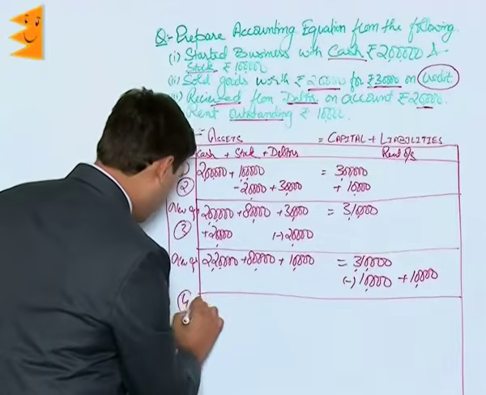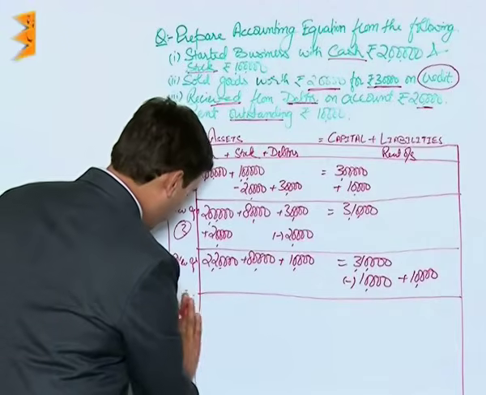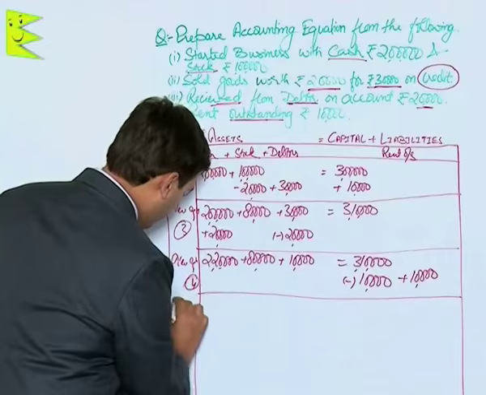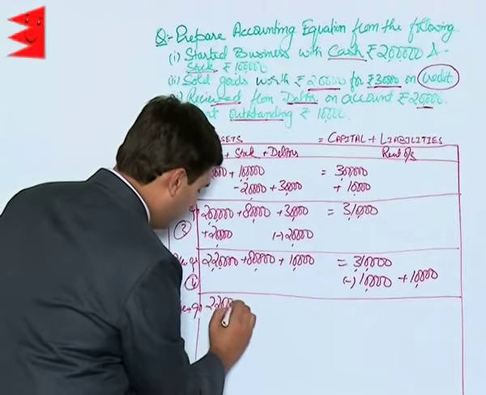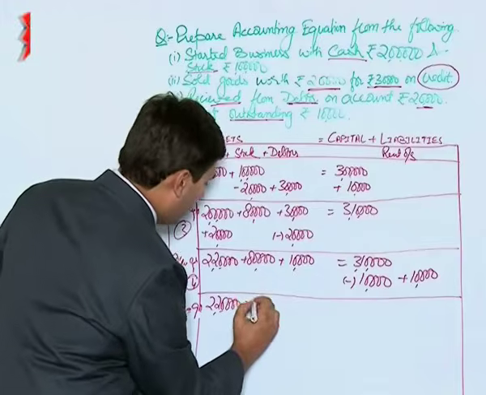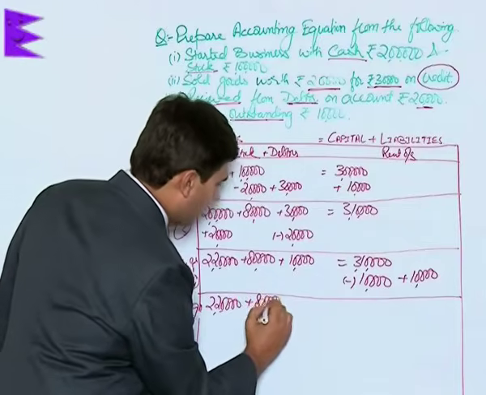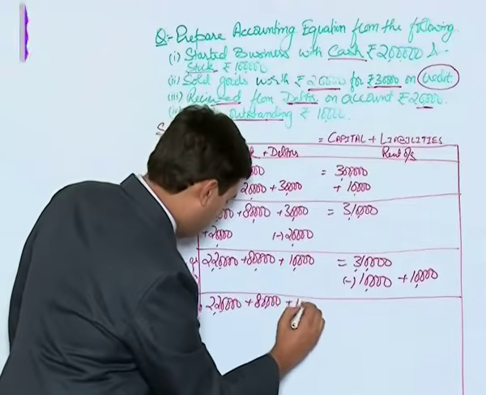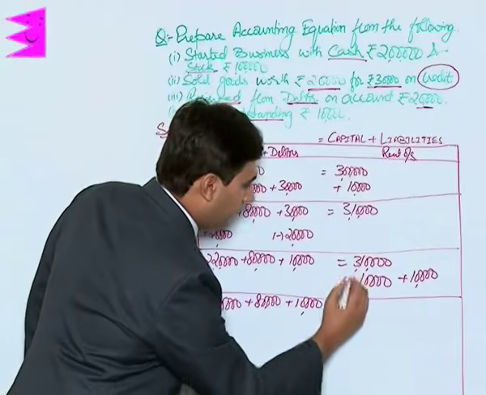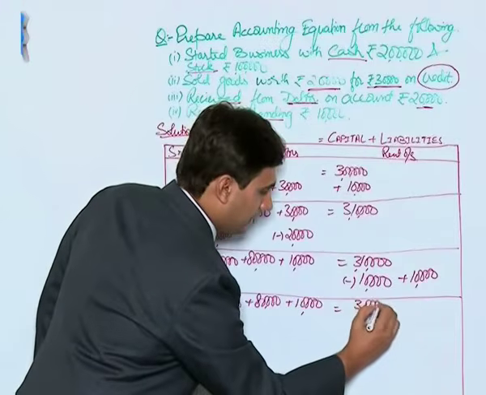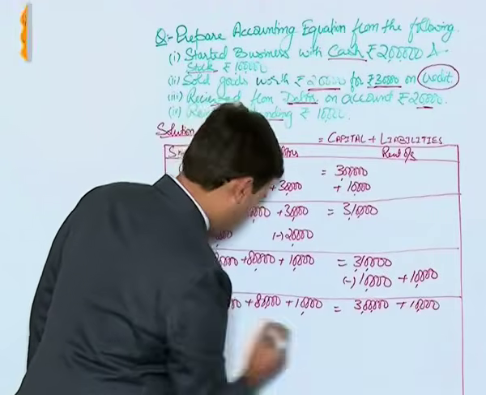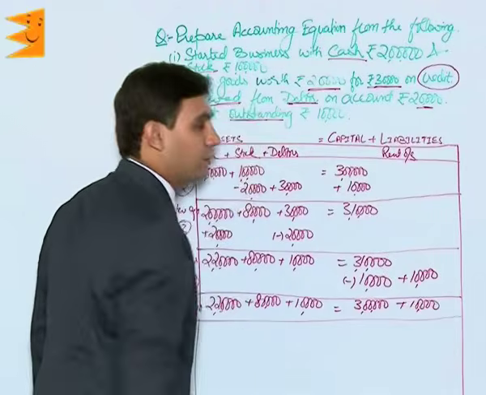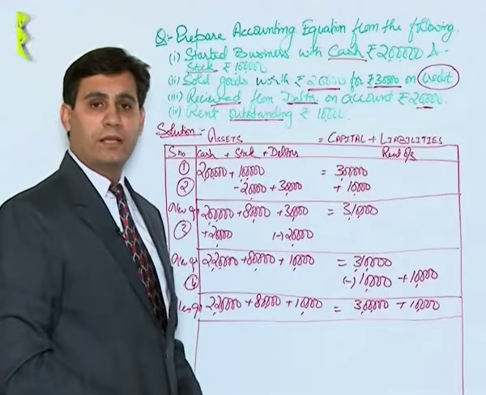Let us total it out and check our new equation. 2,20,000 rupees cash, stock worth rupees 80,000, debtors are 10,000, capital is now 3 lakhs and rent outstanding is 10,000, and we can verify that the total on both the sides is rupees 3,10,000.